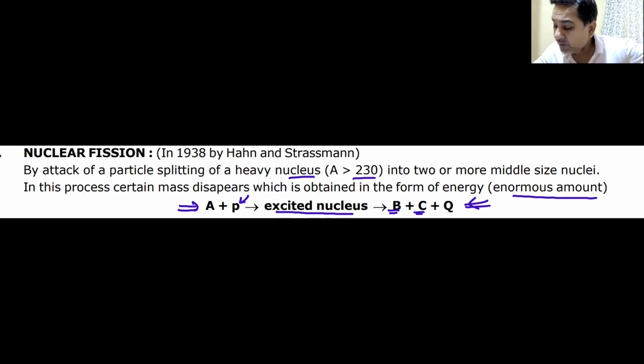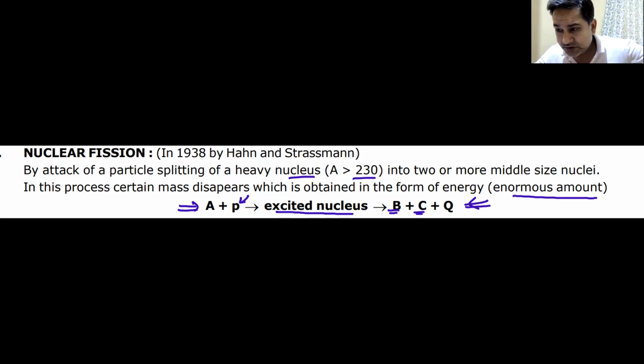Enormous amount of energy was released because heavier nucleus, unstable one, breaks into daughter nuclei. This is known as nuclear fission. Do we understand this? Yes, sir.